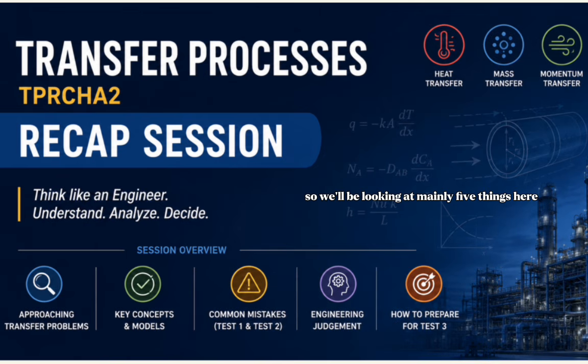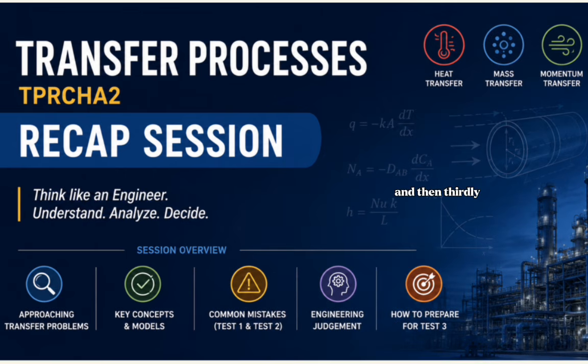So we'll be looking at mainly 5 things here. Number one, we need to recap on your approach to transfer problems, whether it's mass transfer or heat transfer. Number two, we'll look at the key concepts and models with which you approach your questions.